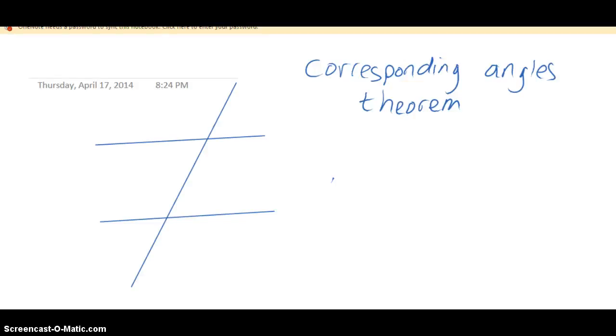In the previous chapter we talked about the corresponding angles theorem, and this theorem said that if we have two lines that are parallel, then the corresponding angles have to be congruent. Well, this next theorem is very similar to that, except now we're going to talk about the converse of the corresponding angles theorem.